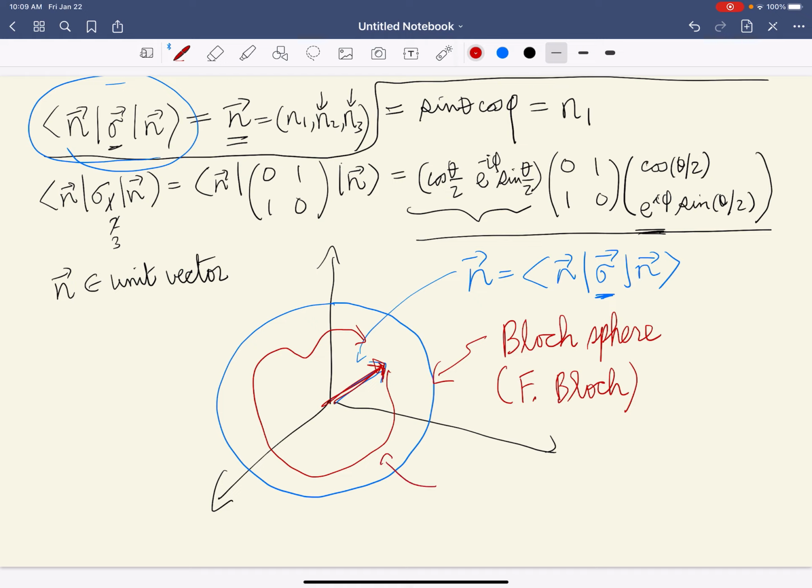Okay, so this is the evolution of a two-level quantum state.